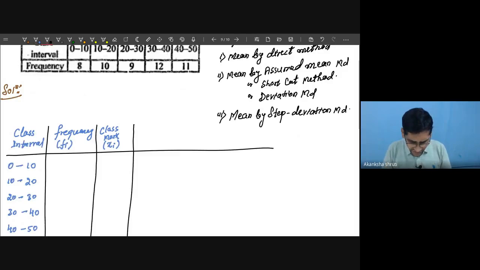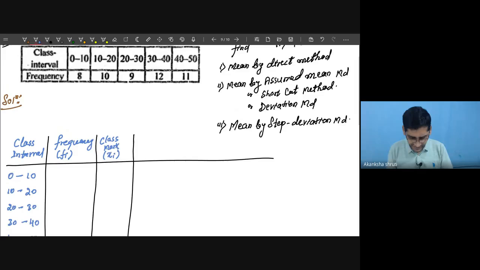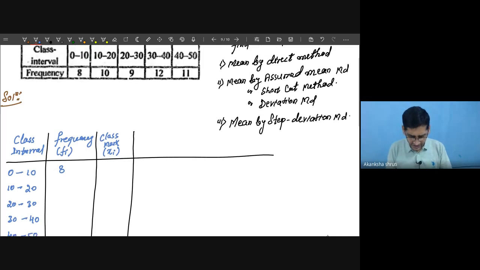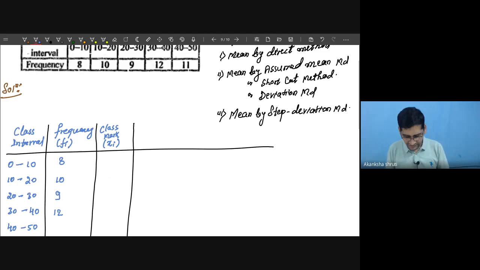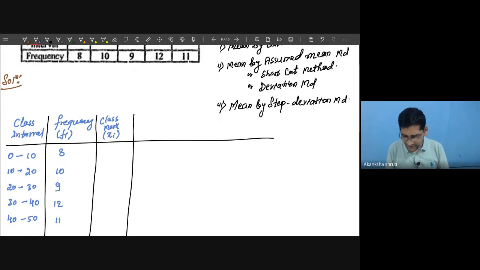Now write down the frequencies given. For 0 to 10 it is 8. For 10 to 20, 10. For 20 to 30, 9. For 30 to 40, 12. For 40 to 50, it is 11. Okay, students?